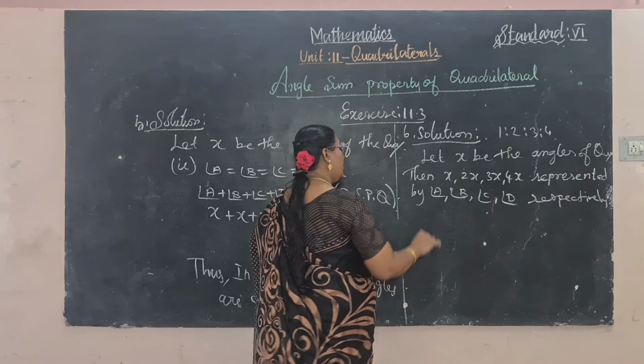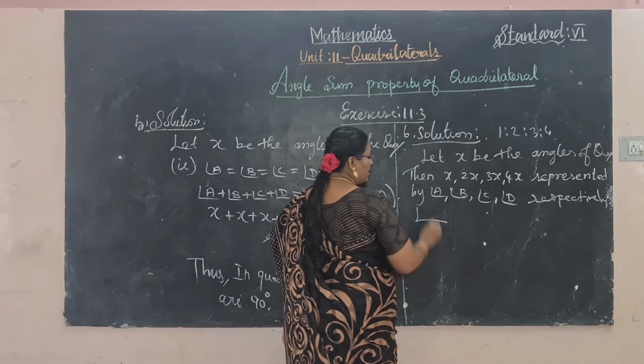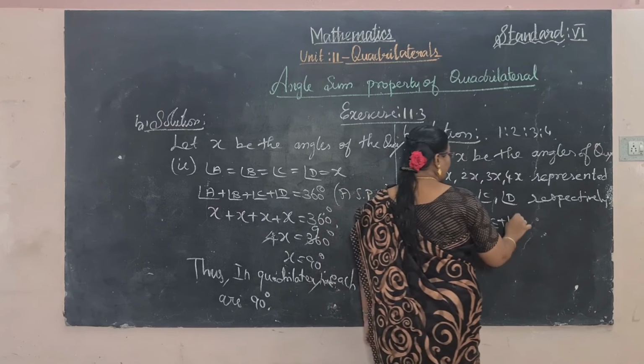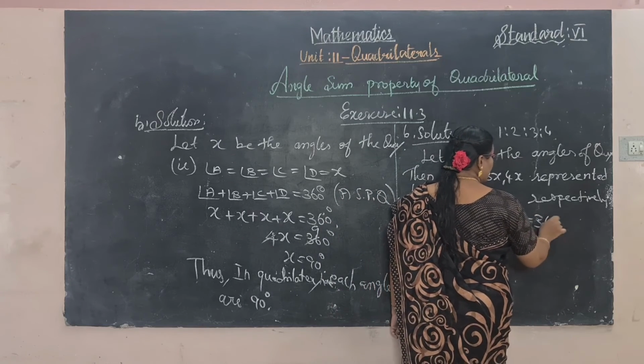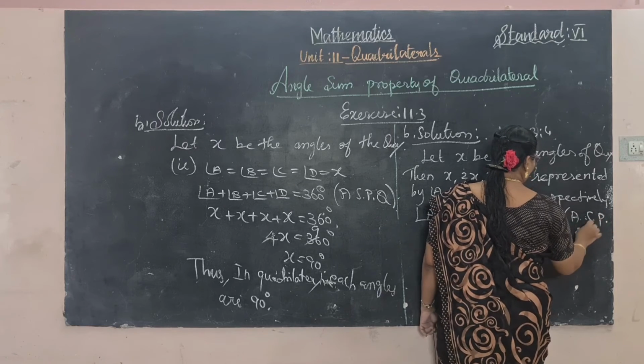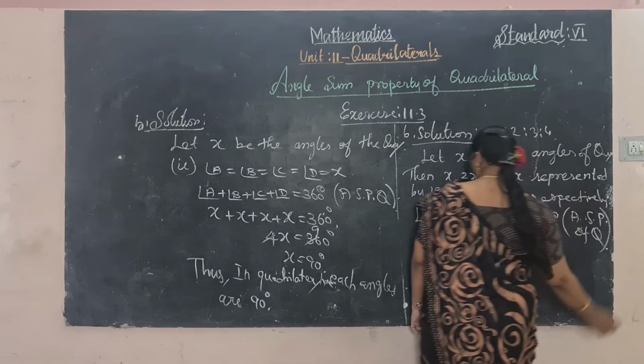Okay. Now using the angle sum property of the quadrilateral, angle A plus angle B plus angle C plus angle D equals 360 degrees.